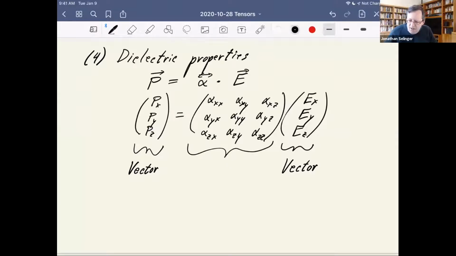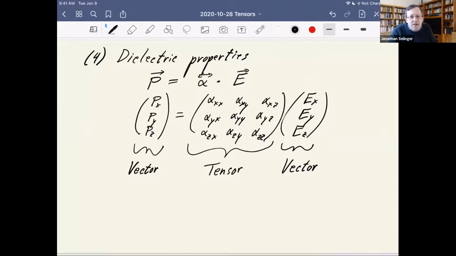And then this set of nine numbers, likewise, is not just any old nine numbers thrown together, but nine numbers that describe a different kind of three-dimensional object. And that sort of object is a tensor, right? It is a way of describing a real three-dimensional object oriented some way in space, but it's not a vector.